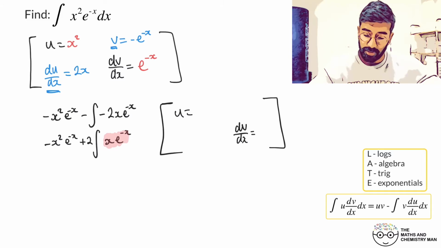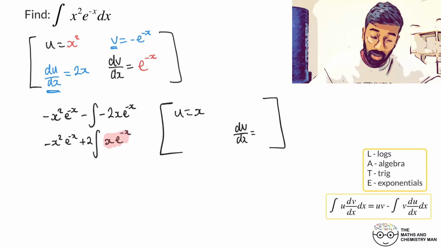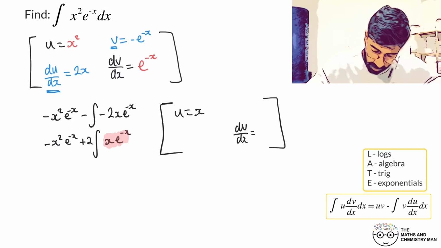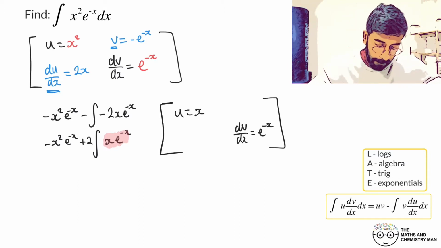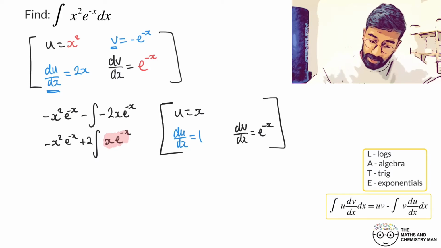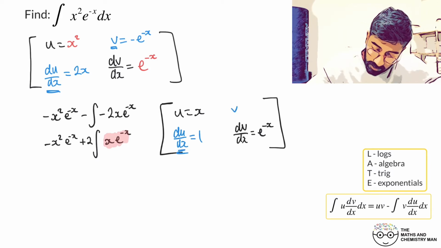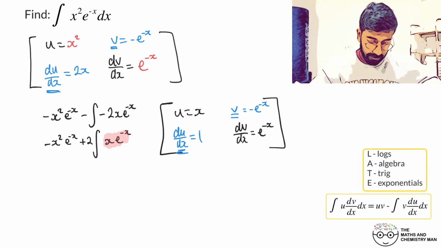So that's what we start with, right? u is going to equal x again because that's our piece of algebra. Remember, LATE. Okay, and then e to the minus x, that's dv dx, and we need to find du dx, which is just going to equal 1. And we need to find v, so integrate that, which is going to give us a minus e to the minus x. And there we go.